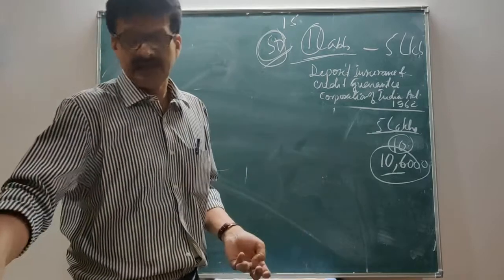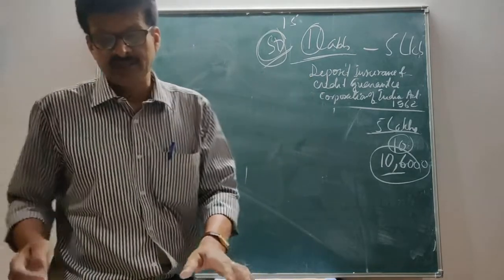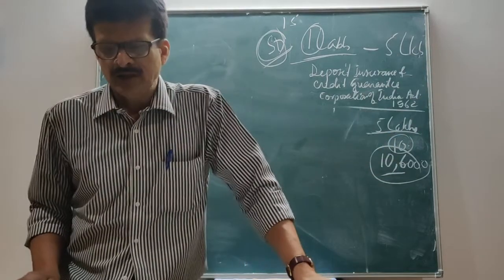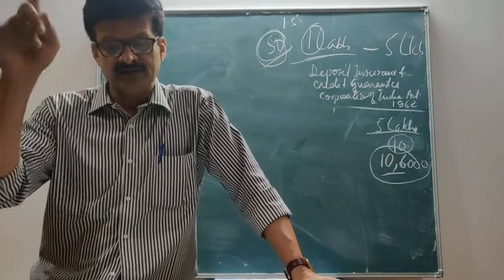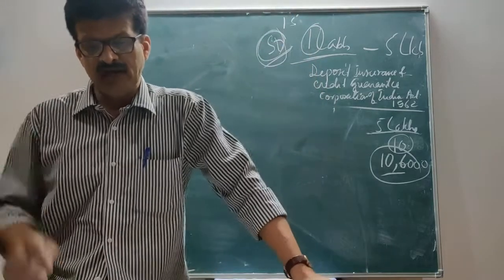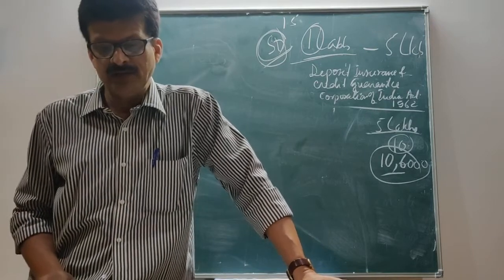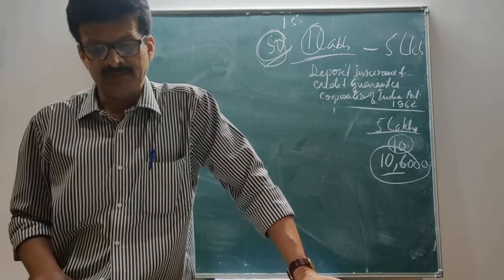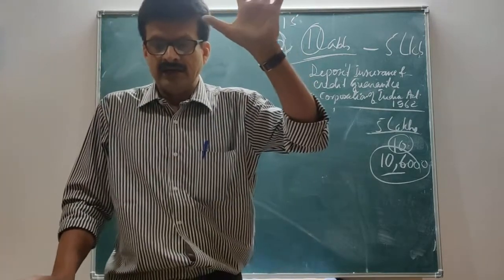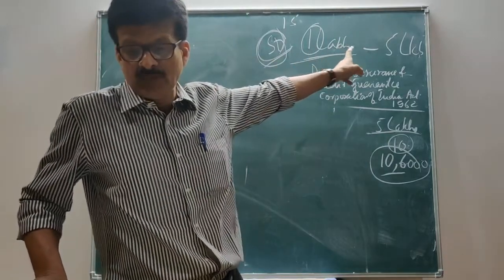And it is managed by, see, Deposit Insurance Corporation is managed by a board of directors consisting of the governor for the time being of the RBI, who is the chairman, and a deputy governor of RBI nominated by the RBI. Okay, governor of the RBI is the chairman of this Deposit Insurance Corporation.